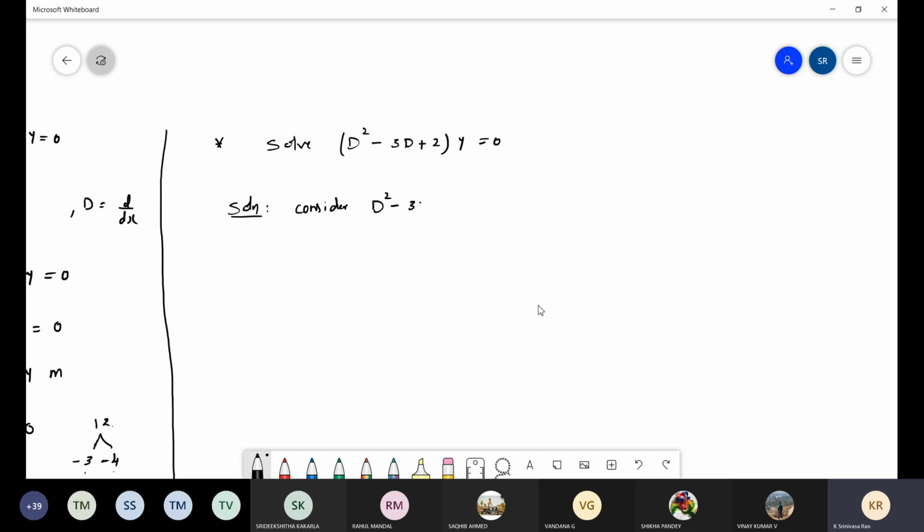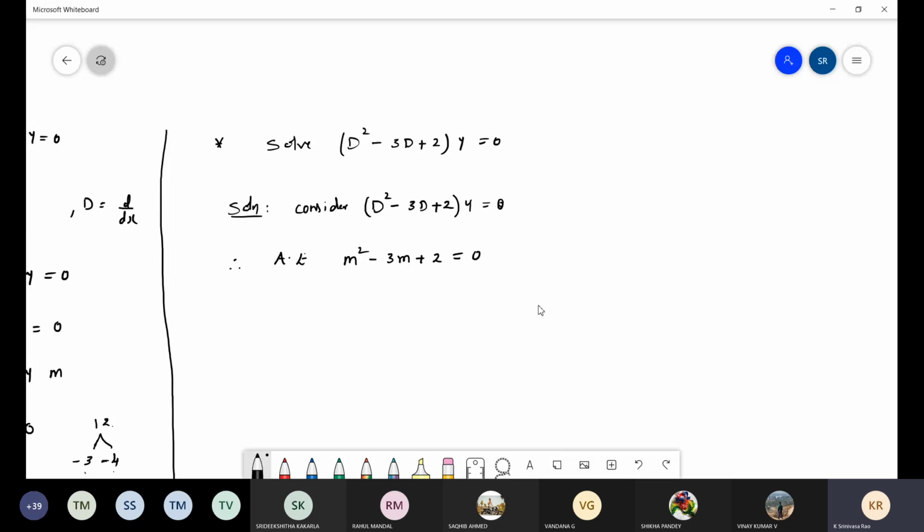Solution. Consider the problem (D square minus 3D plus 2) into y equal to 0. Start with the auxiliary equation: m square minus 3m plus 2 equal to 0.